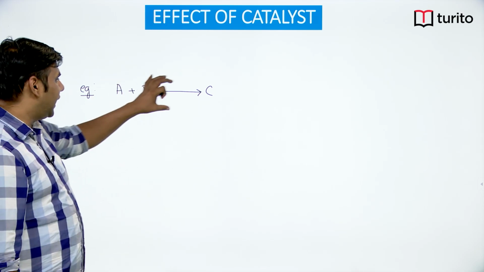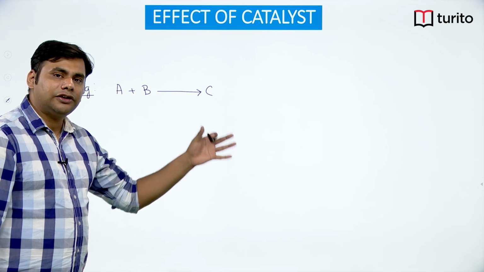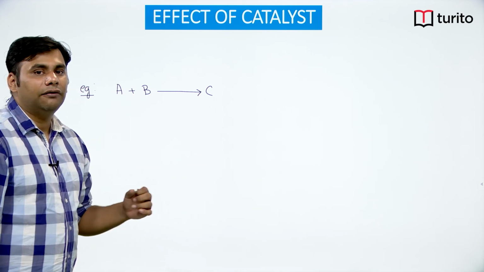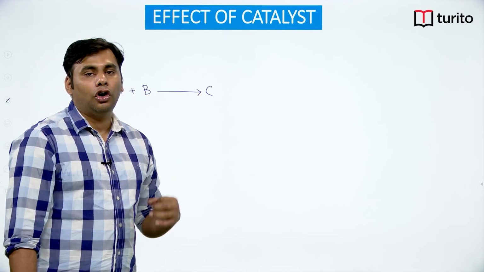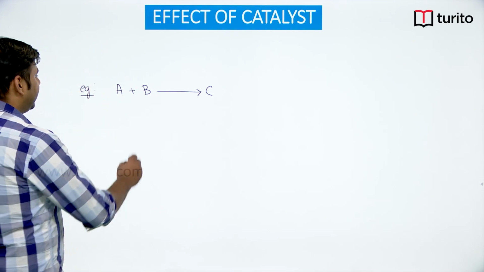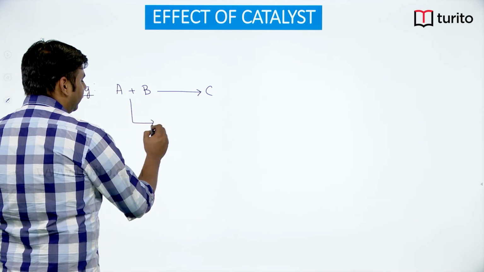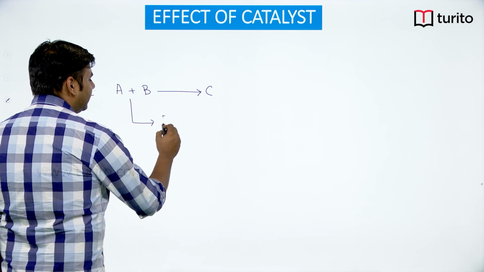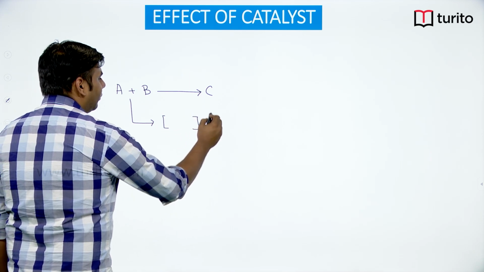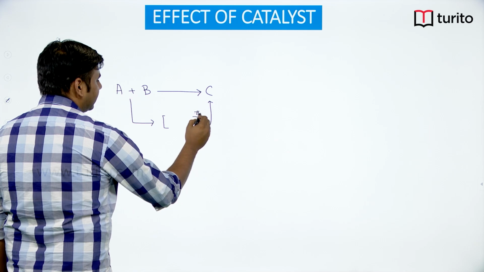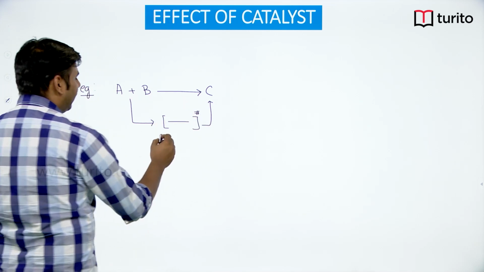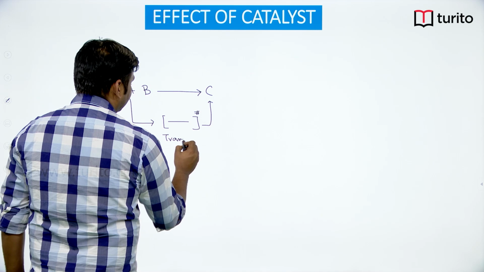So this is the reactant, this is the product. Every elementary reaction will have a transition state or an activated complex, which can be anything.